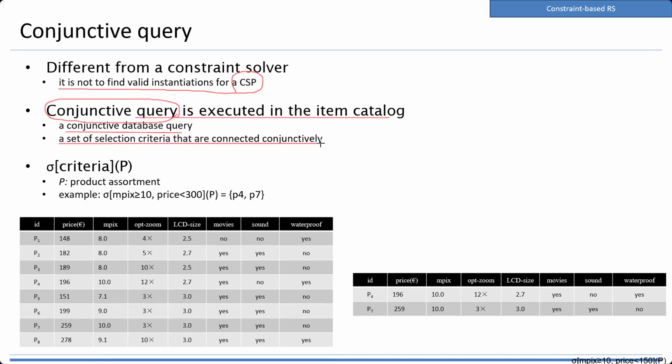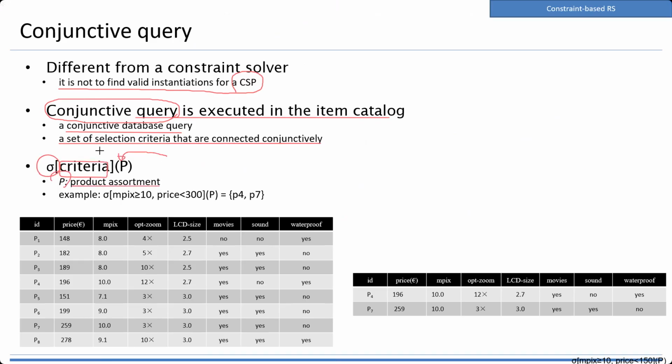Conjunctively means one constraint followed by another constraint and followed by another constraint and so on. So let's say I have the top, and I just define the criteria. The criteria will be based on the product that you want to look at. P is the product assortment.